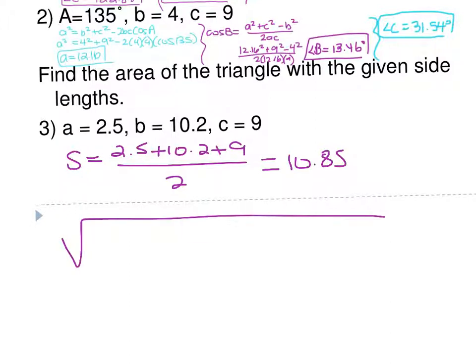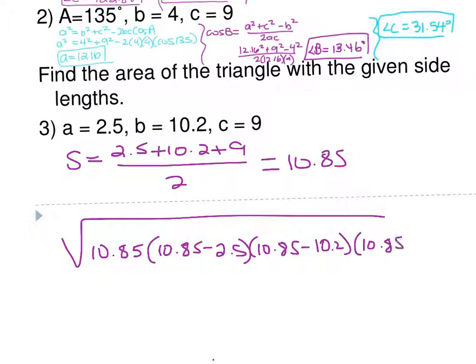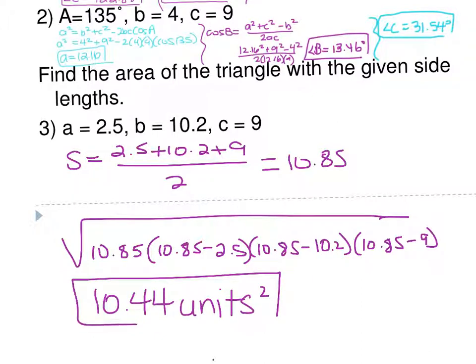So I get the square root of 10.85 times 10.85 minus 2.5 times 10.85 minus 10.2 times 10.85 minus 9. And you get 10.4376. So 10.44 units squared.